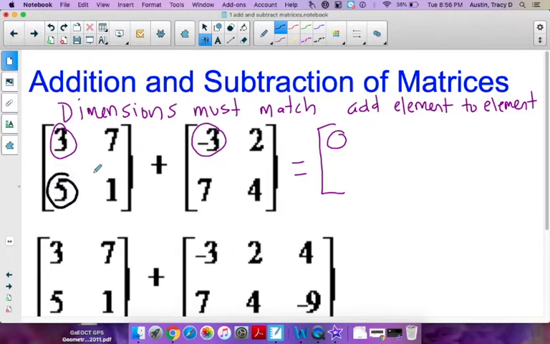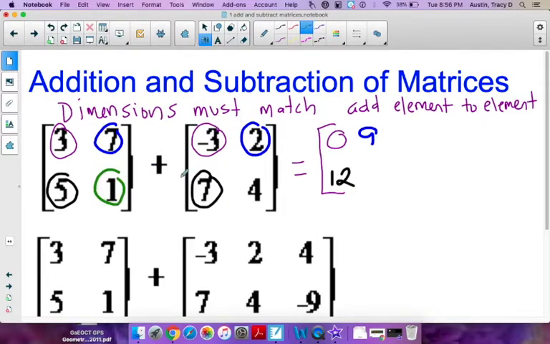Okay, second row, first column, second row, first column, 5 and 7, 12. 7 and 2, 9. 1 and 4, 5. And there is your answer of adding the two matrices together. Literally element to element, matching places.